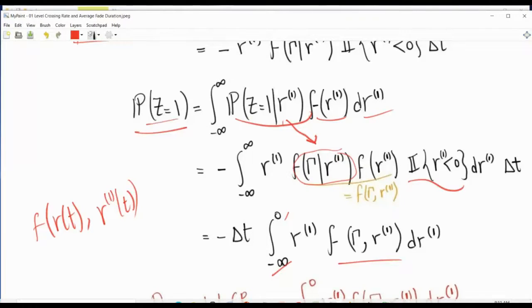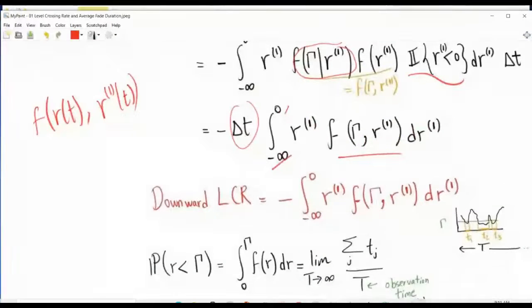Nice, because if you divide the probability z equals 1 by delta t, you get something that is not a function of delta t. So you take the limit as delta t goes to 0, and this integral here is the downward level crossing rate.